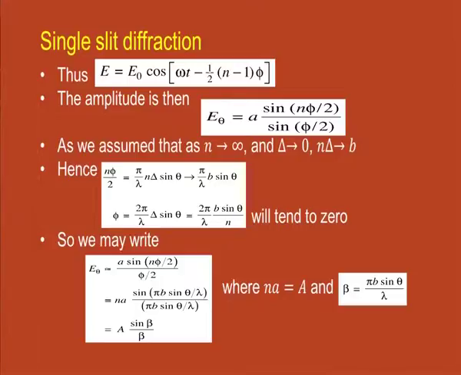So, we may write the amplitude Eθ = A sin(nφ/2) divided by φ/2, and that is equal to nA sin(π b sin θ/λ) divided by (π b sin θ/λ), and that comes out to be A sin β/β, where nA is equal to A and β = π b sin θ/λ.